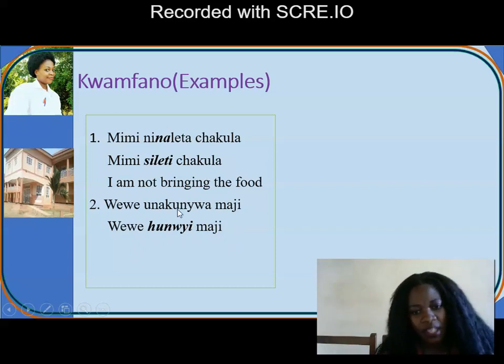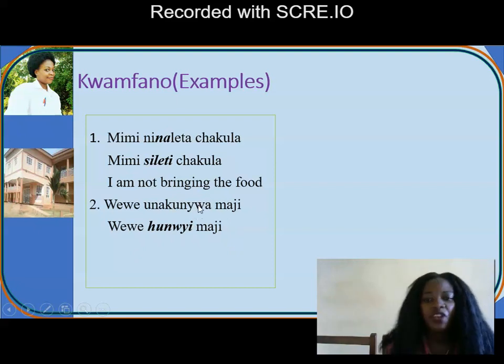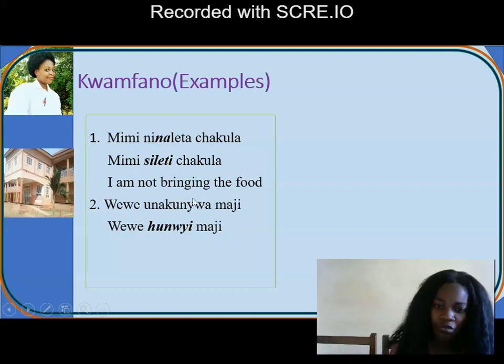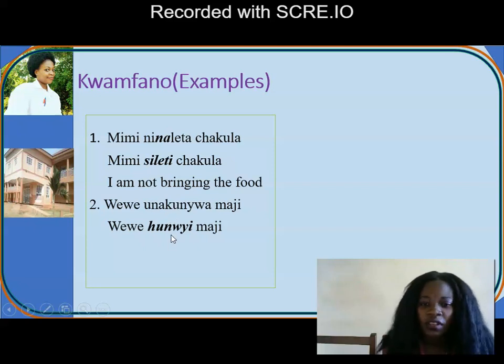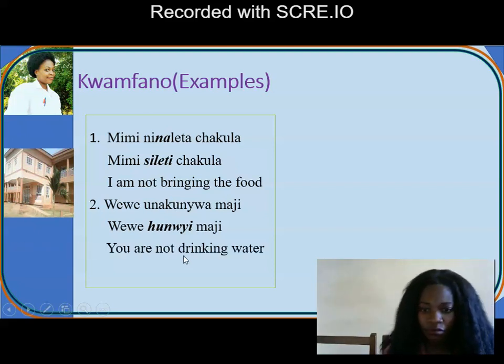At the same time, we are losing this ku because this is a monosyllabic verb, and we've said when you are making positive statements, it has to retain ku, but when we are making negative statements, it will lose ku and it becomes hunywi. But you cannot say wewe hukunywi. No, we say wewe hunywi maji. You are not drinking water.